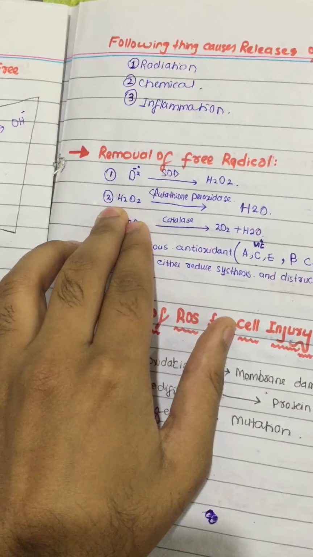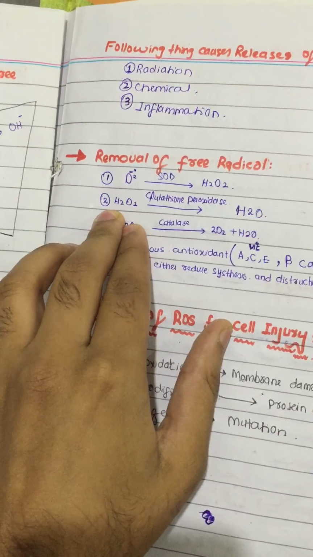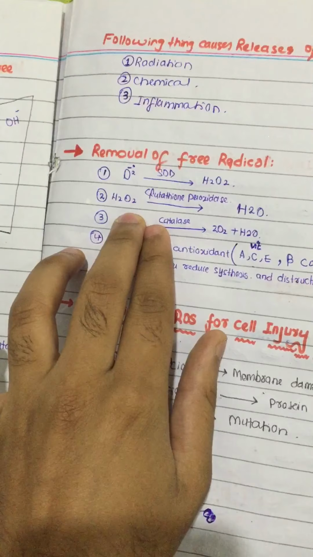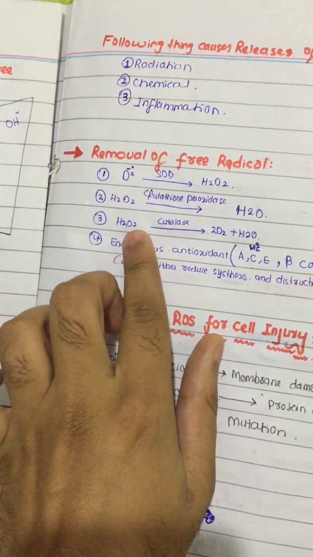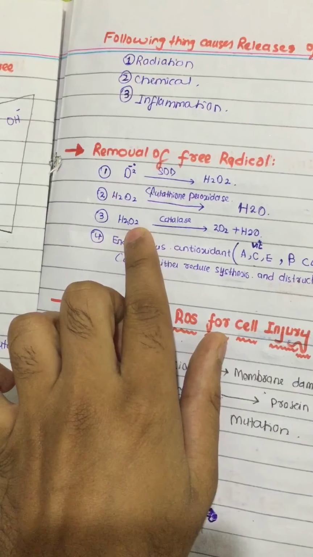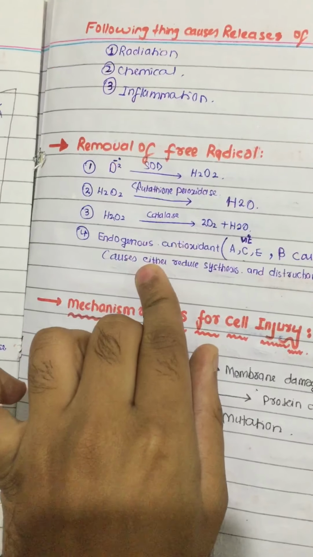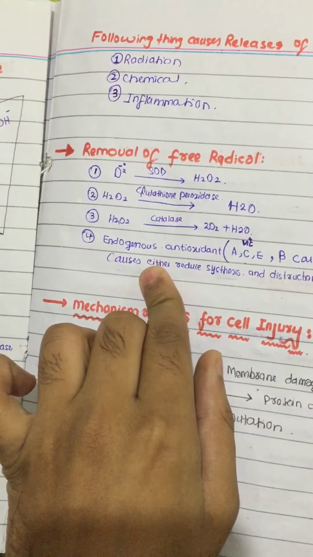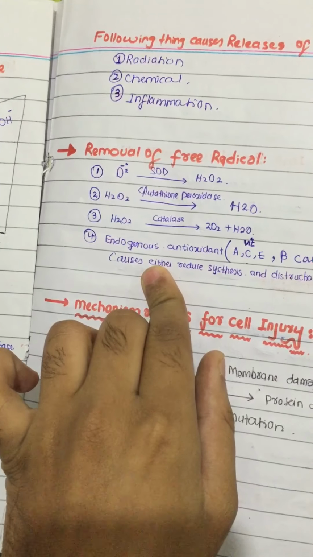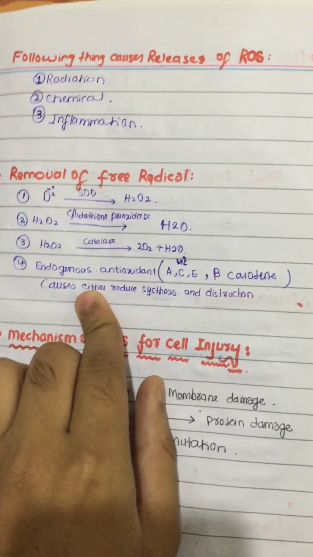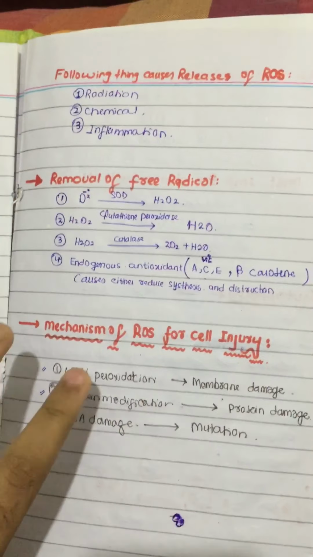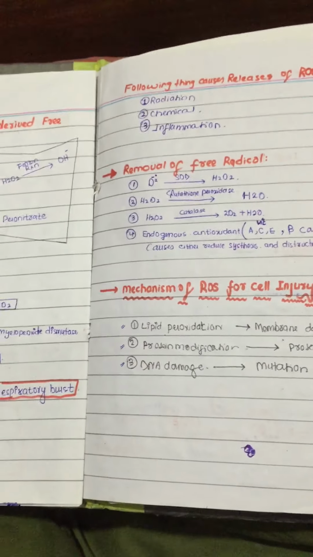Or they're going to be converted into H2O in the presence of glutathione peroxidase. Or they're going to be converted into H2O plus O2 in the presence of catalase, or the antioxidants A, C, E and beta carotene are also going to destroy it or reduce its level.